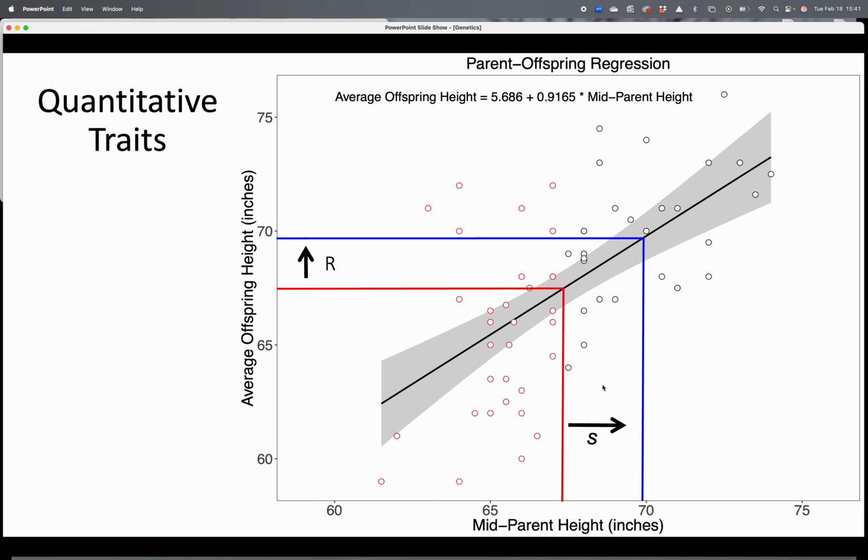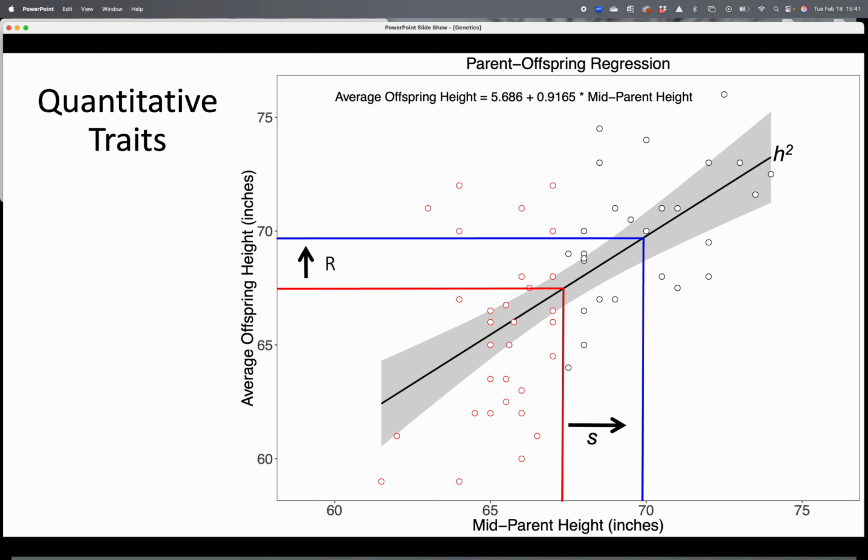If there's a little bit of selection, the response to selection will be lower. But in all cases, what mediates the response to selection is this slope of the line and how the slope of the line influences where the pre-selection mean of parents and the post-selection mean of parents intersect that line. And so the slope of that line is heritability.